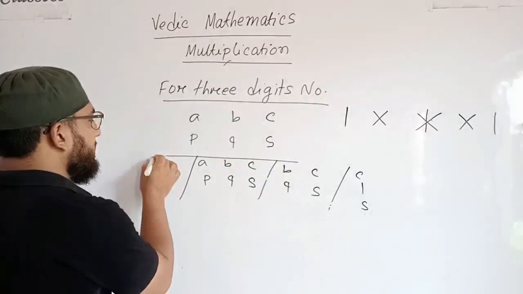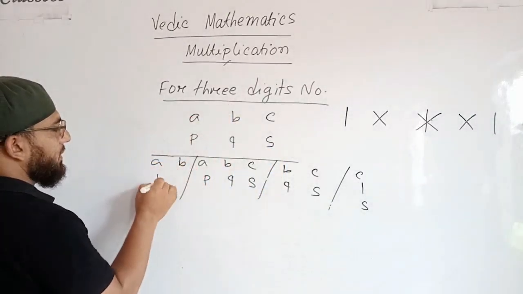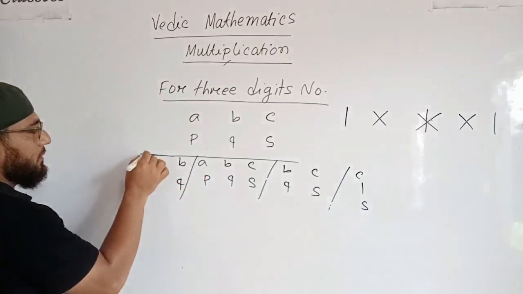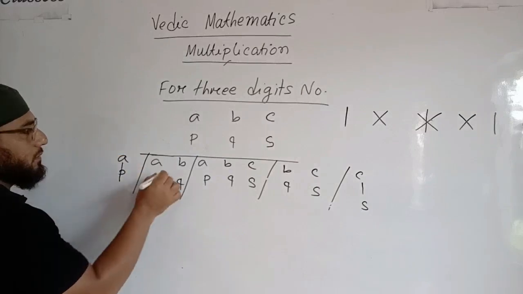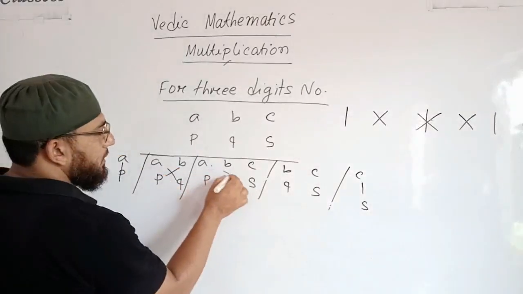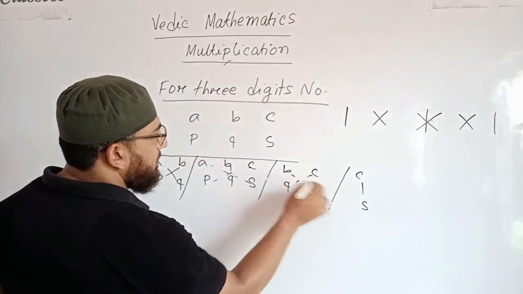Then again crosswise, AQ, take this, and then vertical. So this one is crosswise, this one is crosswise with vertical, this one is crosswise, the last one is vertical.